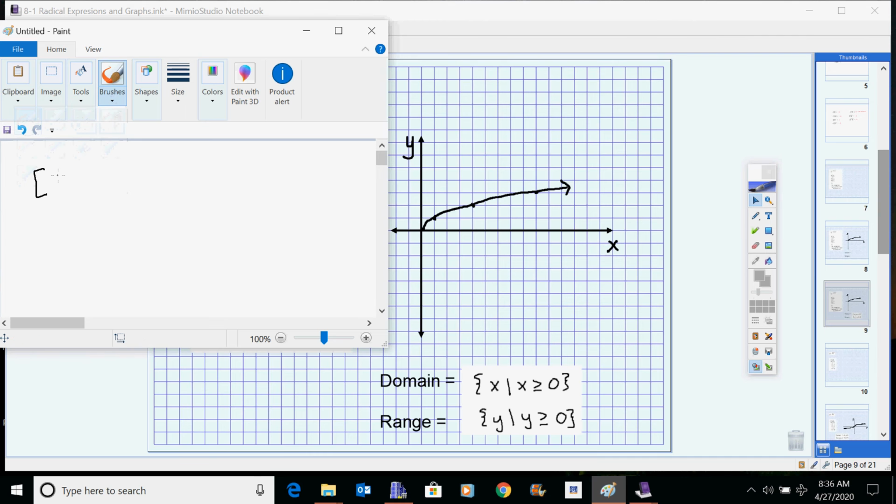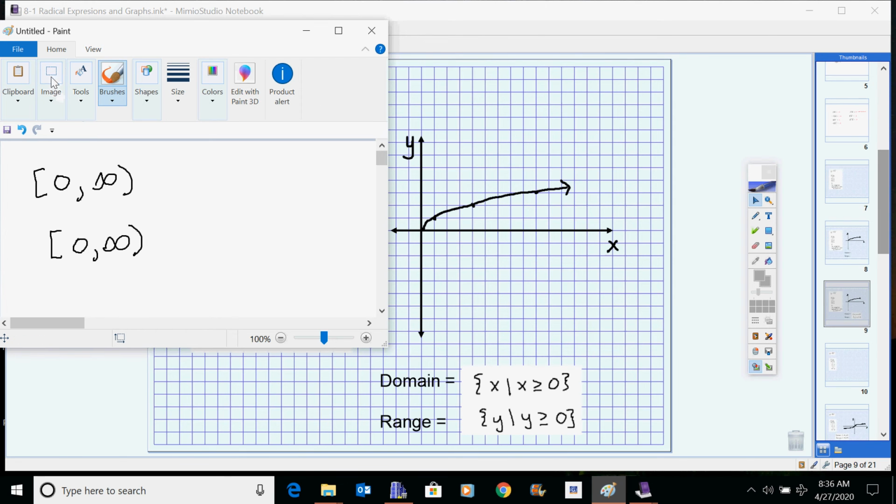All x starting at 0 going into infinity. If you remember that notation that we were working with earlier on, this means that 0 is included, so 0 to infinity. The y, the range, is also 0 to infinity.